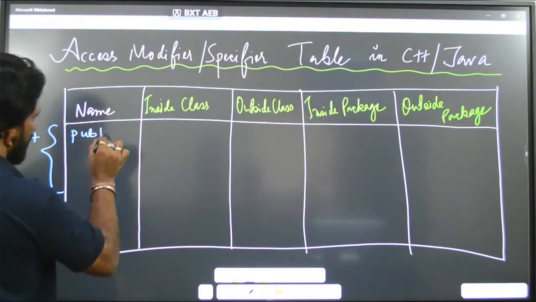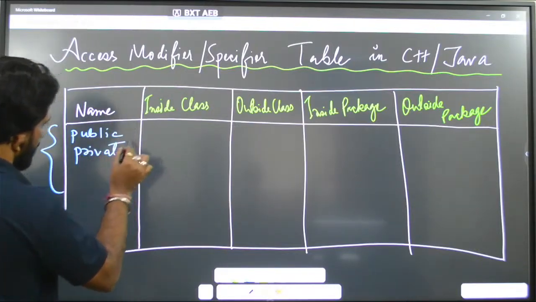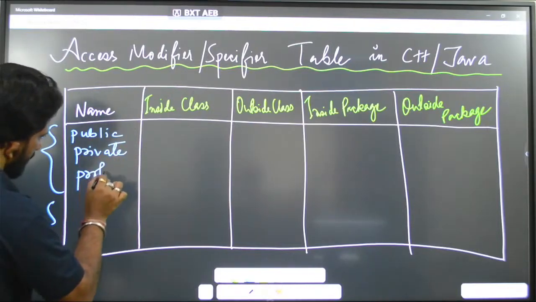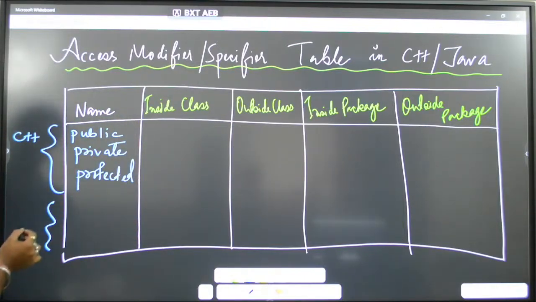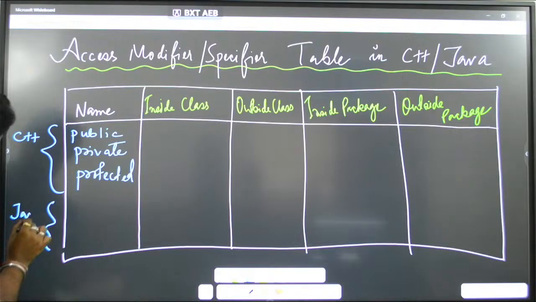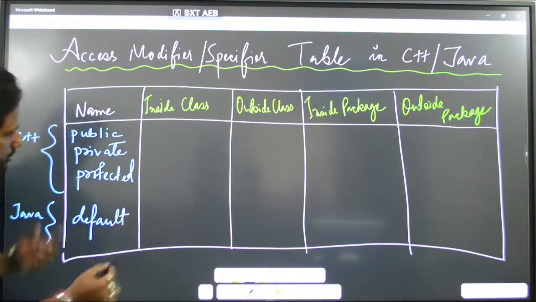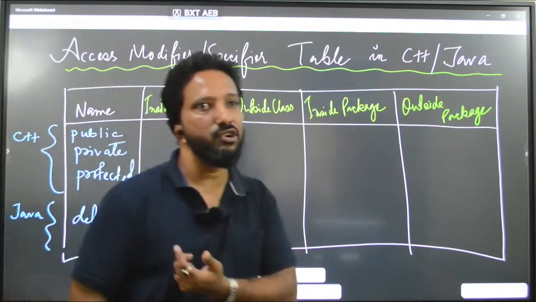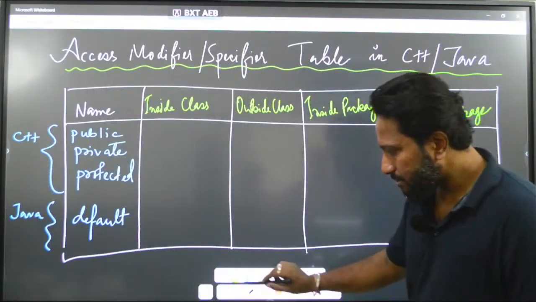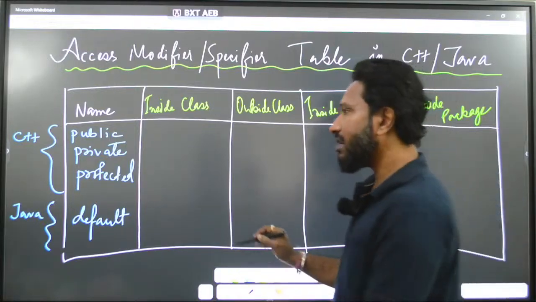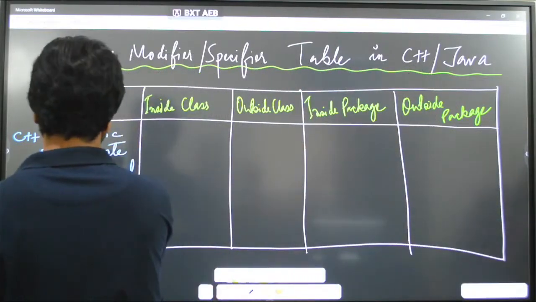Public, private, protected, and in Java you will have one more, which is default. It is not written, but if you don't write it, it is called the default access modifier. Okay, and in that case, so I have already written this. Let me draw the lines so that it becomes easy for you to understand also.